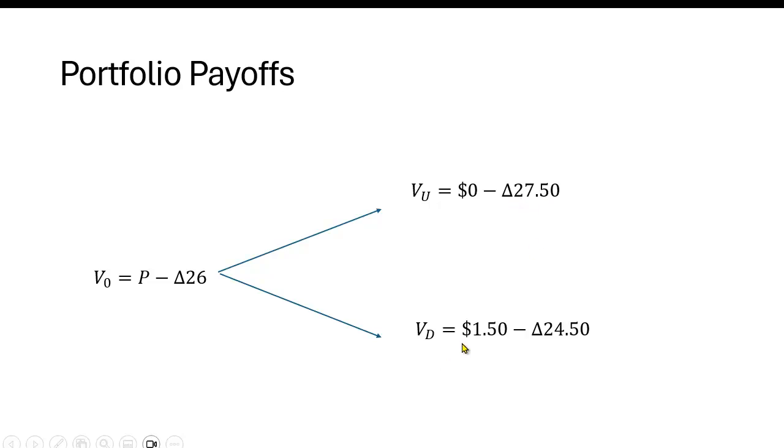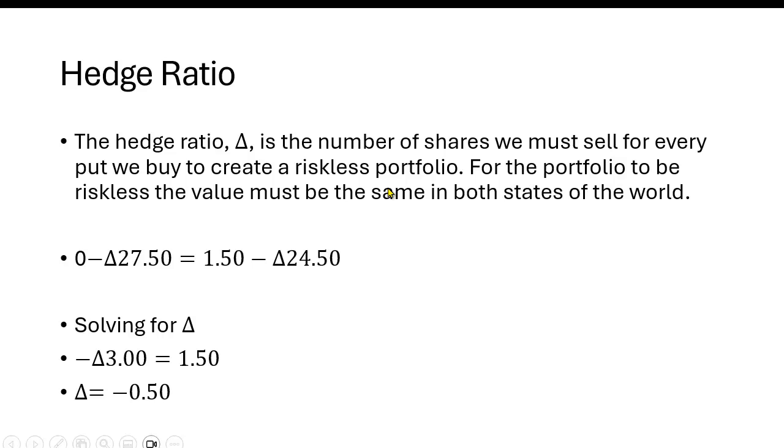In the down state, it's the value of the put, which was $1.50, minus the number of shares times $24.50, which is the price of the stock. So the hedge ratio here, this delta, is the number of shares we must sell for every put we buy to create a riskless portfolio.